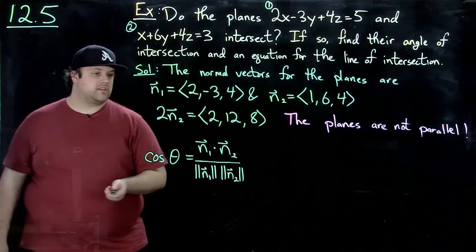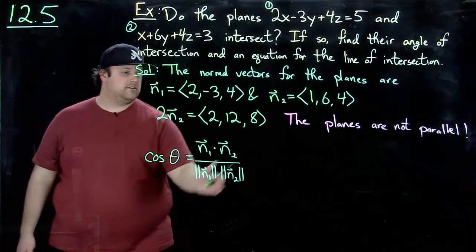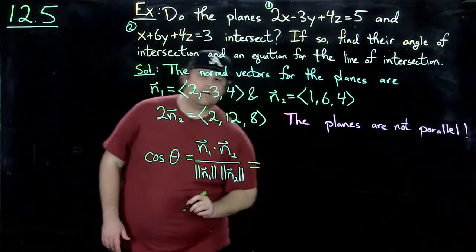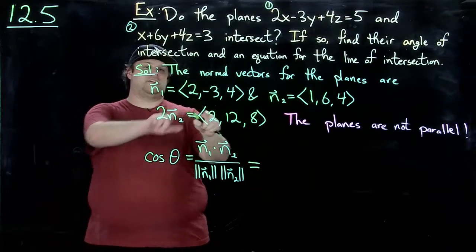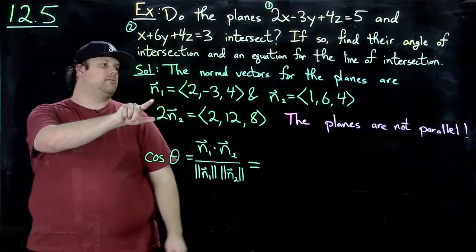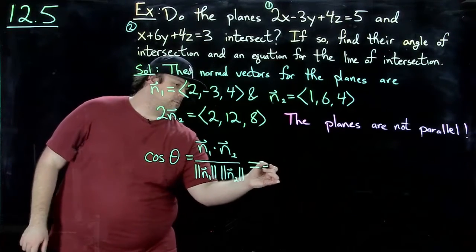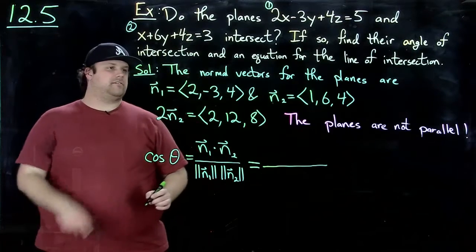All right, so how do we do this? Well, let's just compute this dot product. We're taking the dot product of n1 with n2. So let's write a fraction out here.